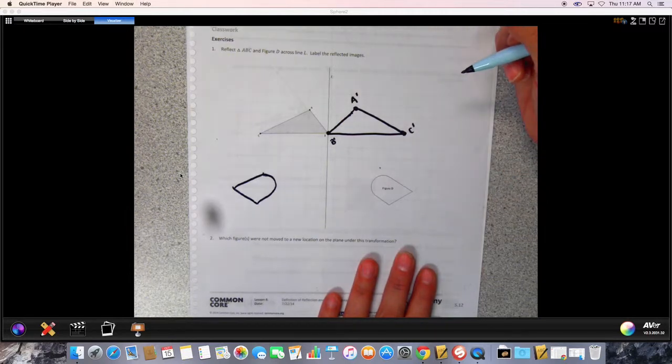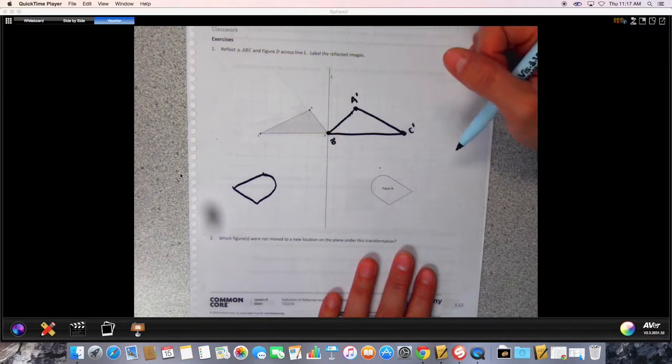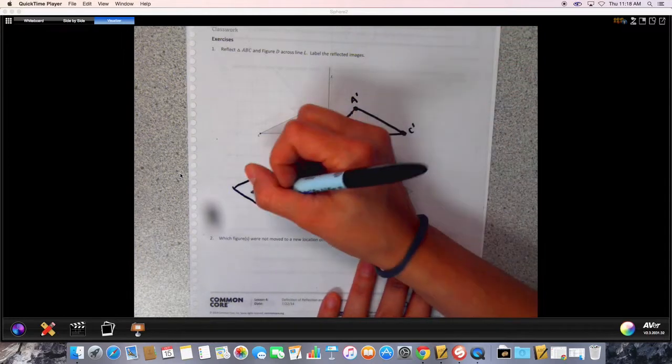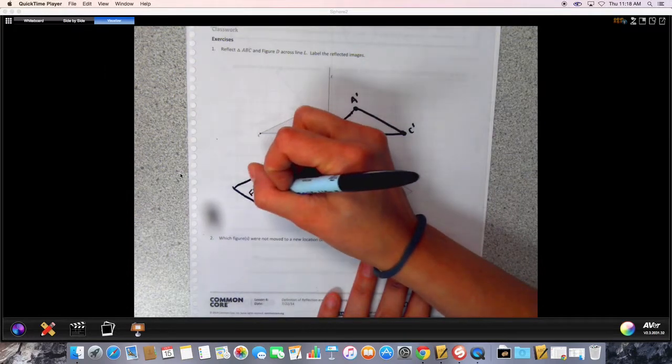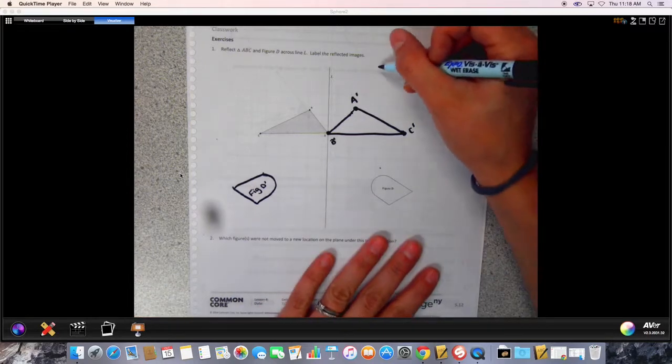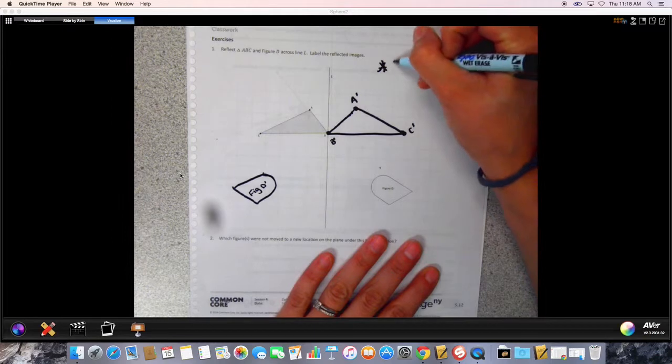Okay, so there's my reflected image of the triangle. And then here we have figure D, and so this would be figure D prime. Okay, so there's my reflections, there's my labels, everything's ready to go. Something to note about these now, two very important things are this.